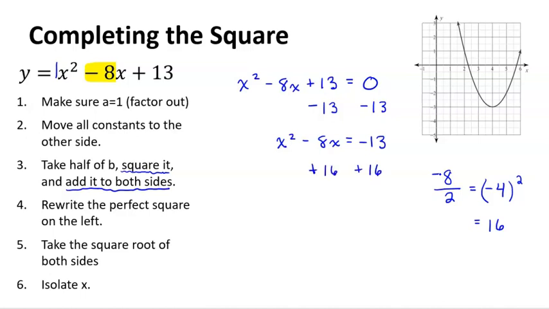These aren't like terms, so I'm just going to go ahead and write them all out. And -13 plus 16 is +3. From here, we're going to rewrite the perfect square on the left. This is where those special products come in. And there's a quick way of looking at our pattern. So I have -4 here.